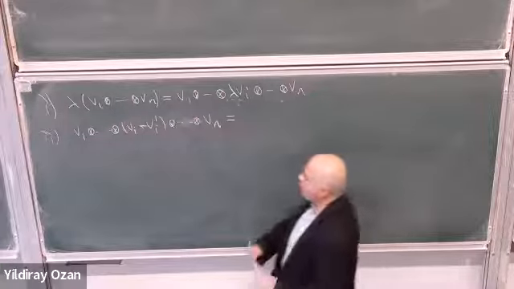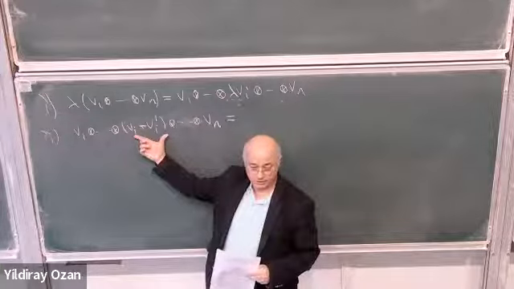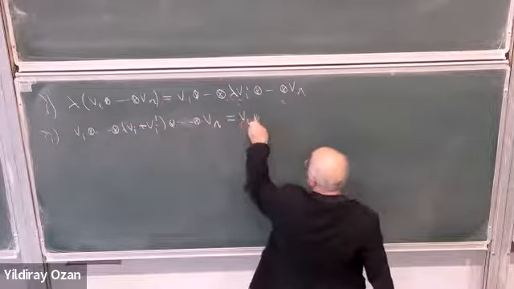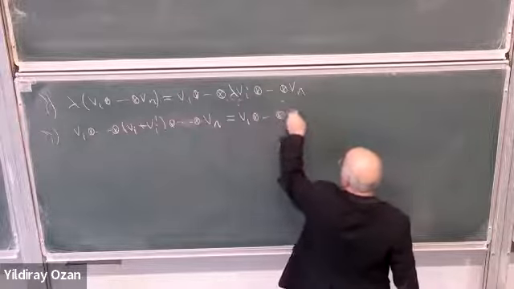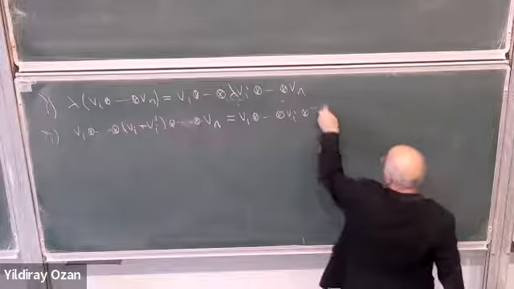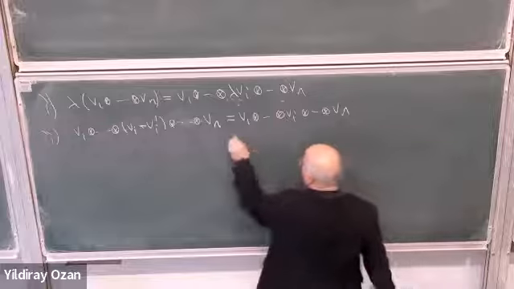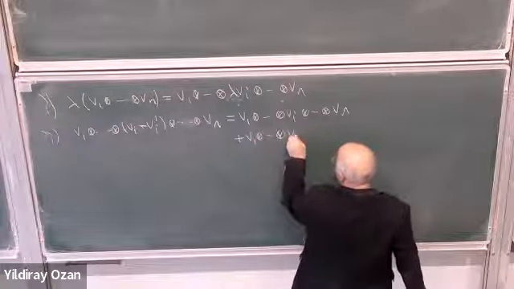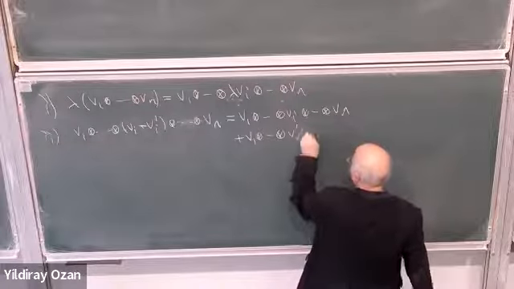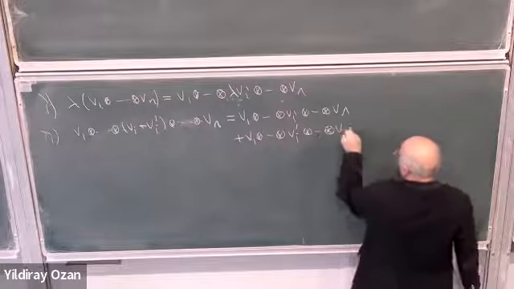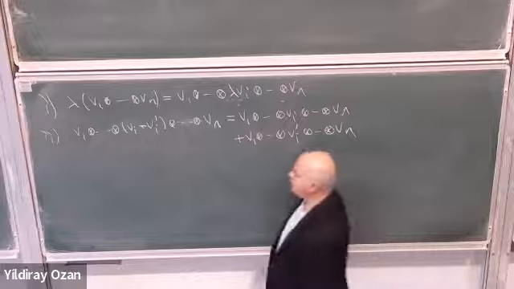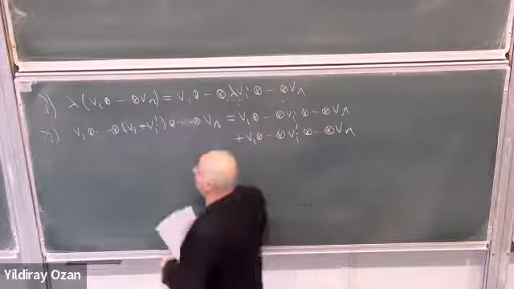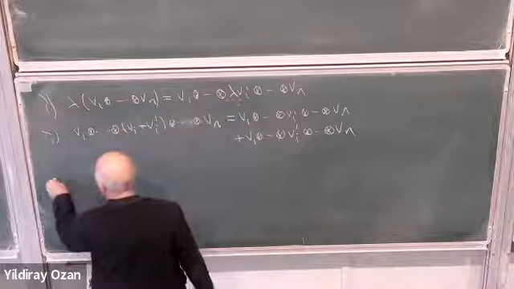So if the ith one is a sum of two elements, then this will be equal to the following: v1 tensor vi tensor up to vn plus v1 tensor vi prime tensor up to vn. And similarly, we have this.